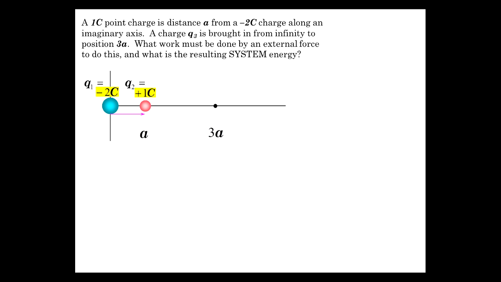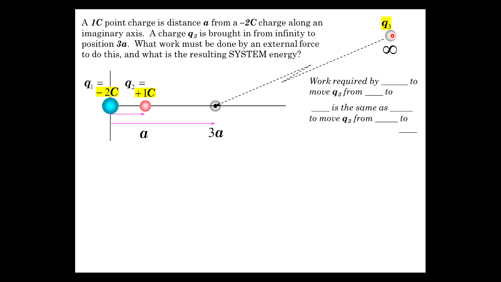And then we have a position 3a. We're going to take a charge Q3 and bring it in from infinity so that it arrives at 3a. So we're going to move Q3 from infinity all the way to this location.